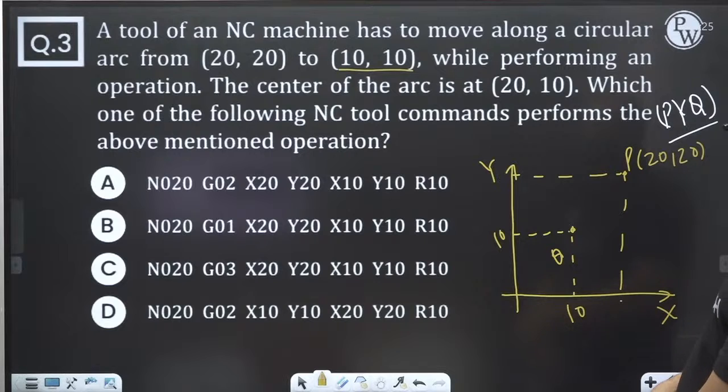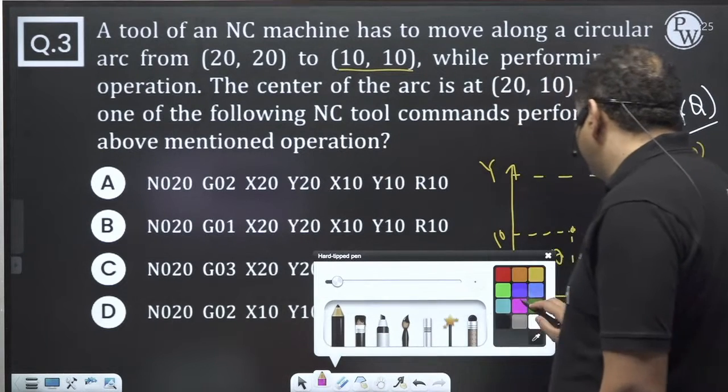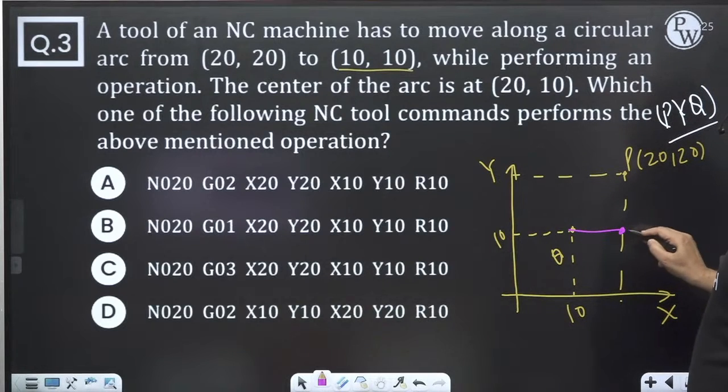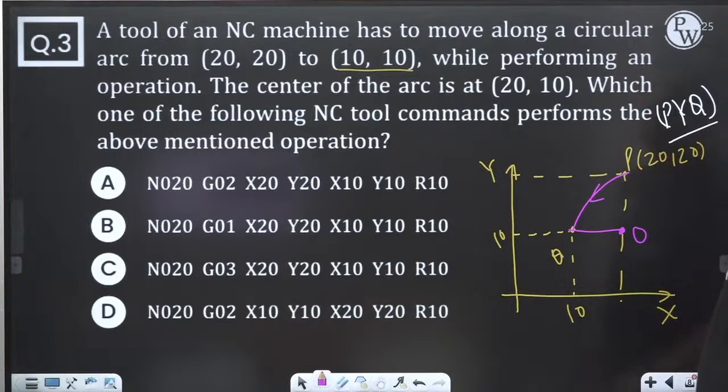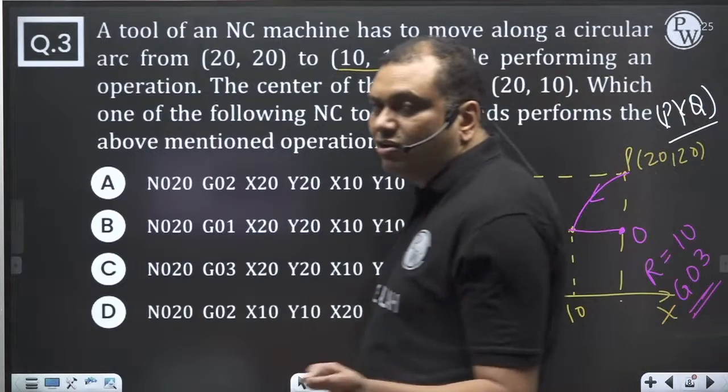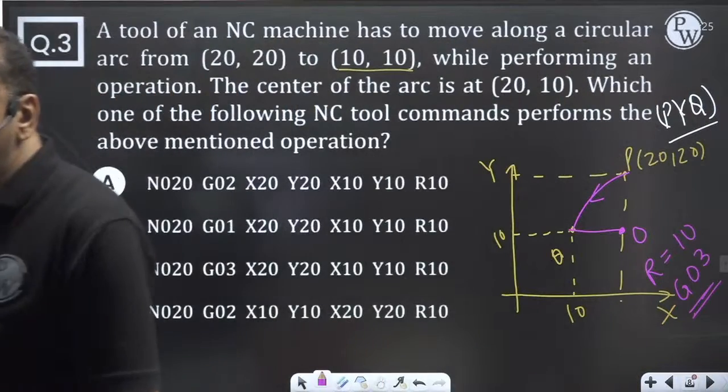While performing an operation, the center of the arc is 20, 10. This is the origin. So the curvature will be like this. Radius of arc will be 10, and it is a counterclockwise direction. So for counterclockwise direction, our code is G03.